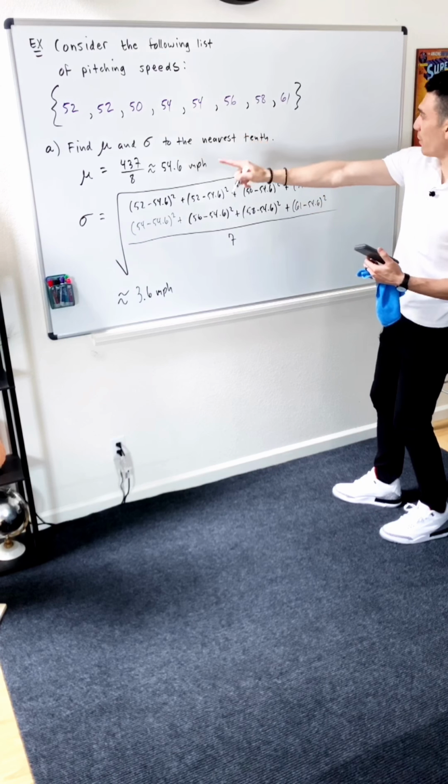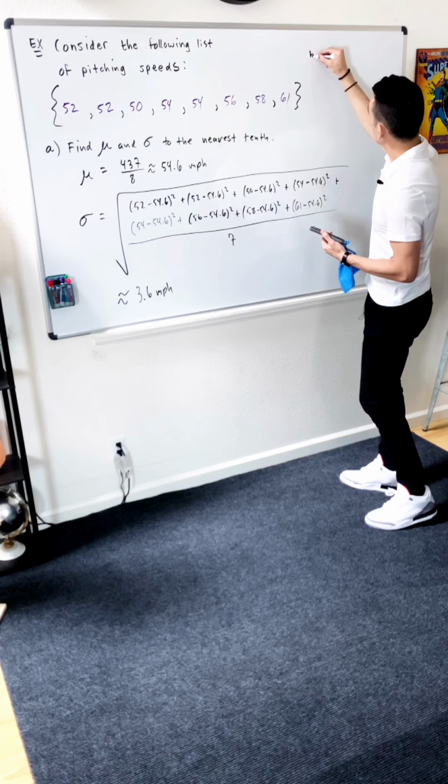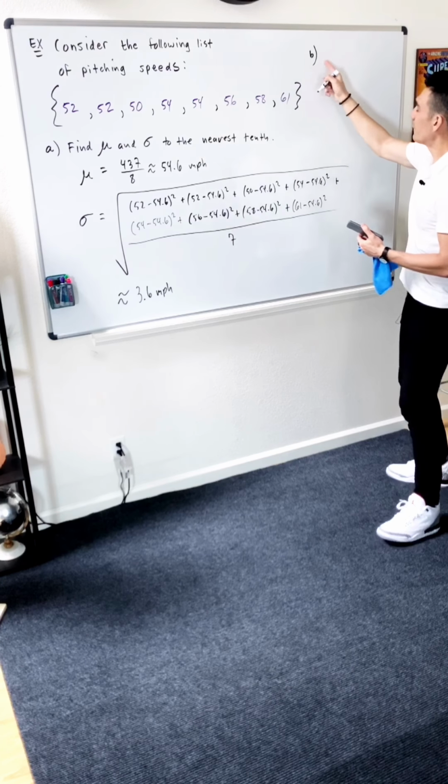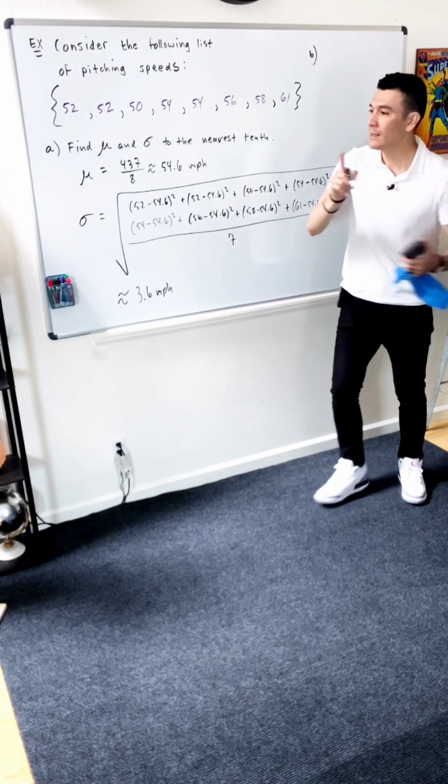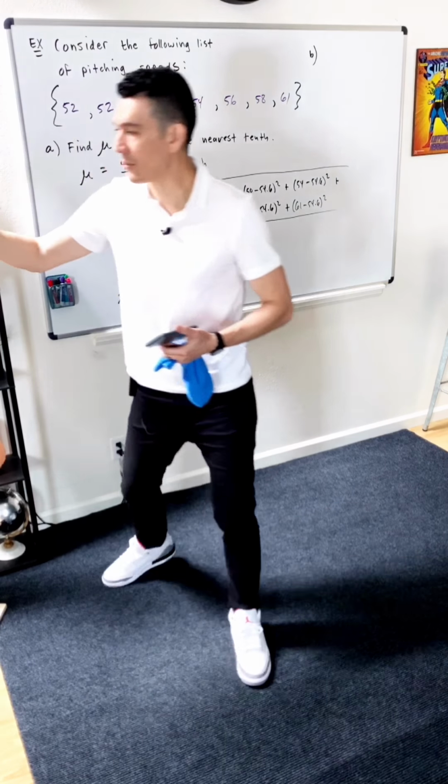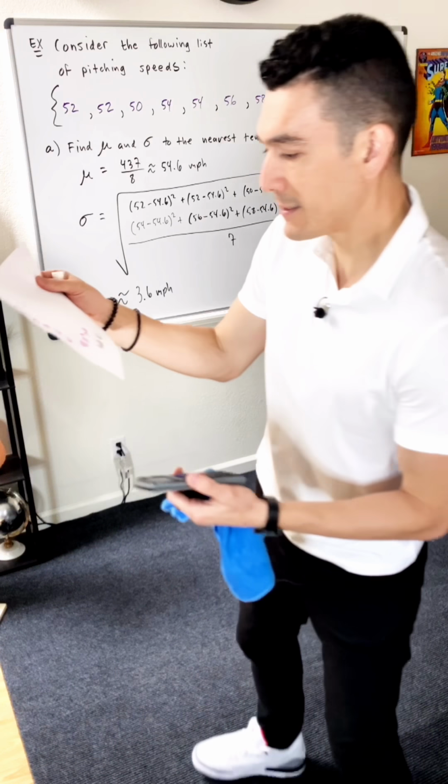Okay, so that's part A. And in part B, I think the camera reaches here, yes? For part B, I just wanted to do one more thing. I have it written down here, and it says this, check it out.